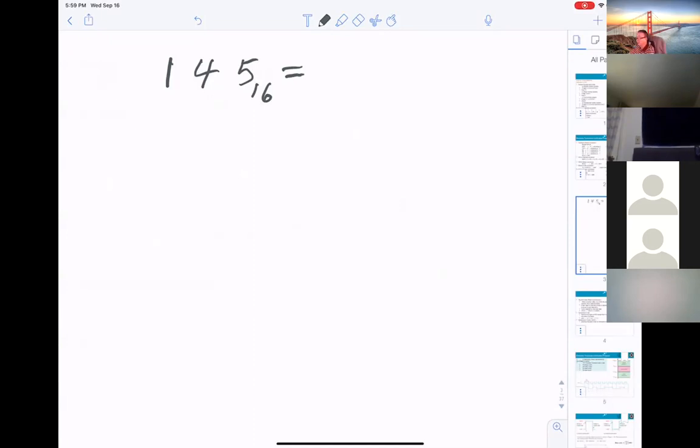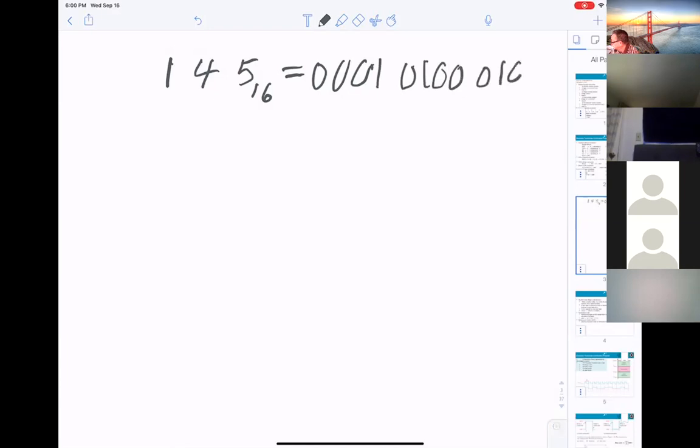The thing is, if you want to verify, you have to know which bit is a 0 or 1. For example, I convert to binary. 1 here will be 0, 0, 0, 1. 4 will be 0, 1, 0, 0. 5 will be... you see that?